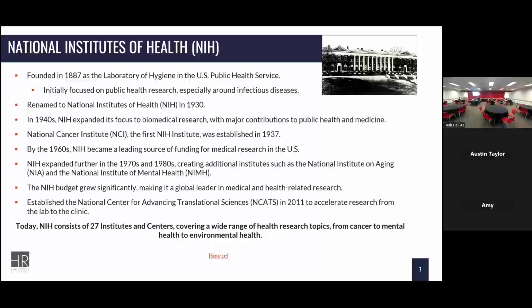NIH is one of the federal agencies that actually does research on site. So they do their own research in addition to supporting research in the community via grants and cooperative agreements.